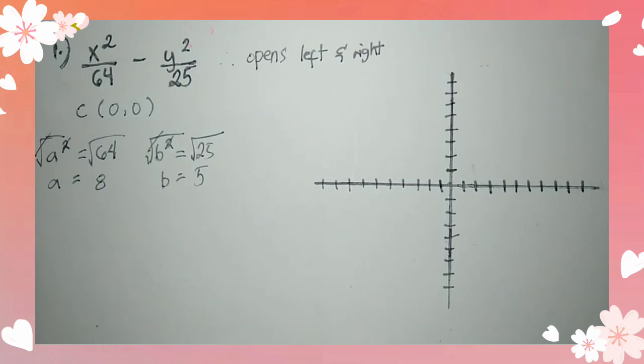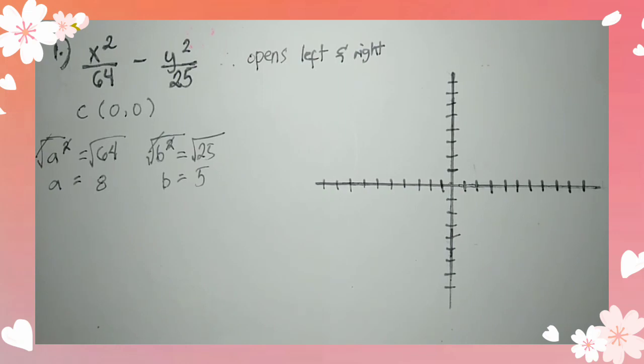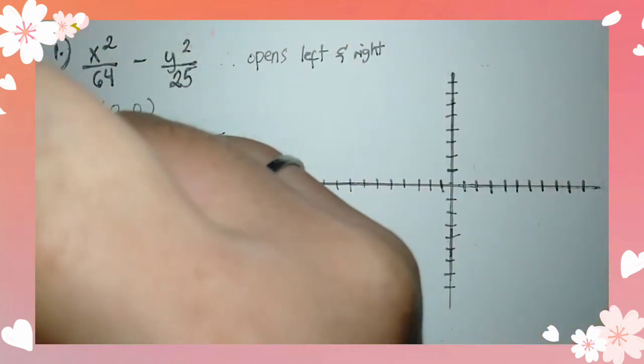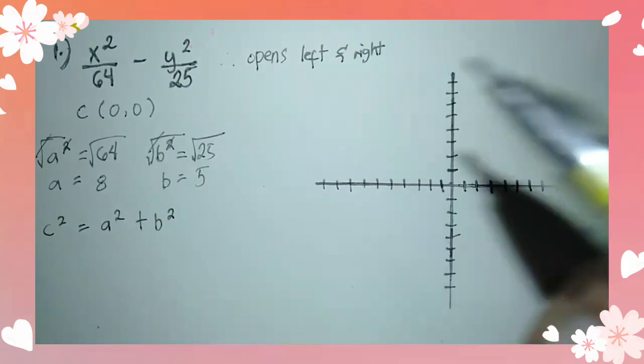Now, we're going to find our foci. Bakit foci ang tawag ni ma'am instead of focus? Kasi dalawa yung focus natin, ano? So, foci siya. Plural form ni focus is foci. So, what we are going to use in order for us to find our foci is the Pythagorean theorem, which is c squared is equal to a squared plus b squared.